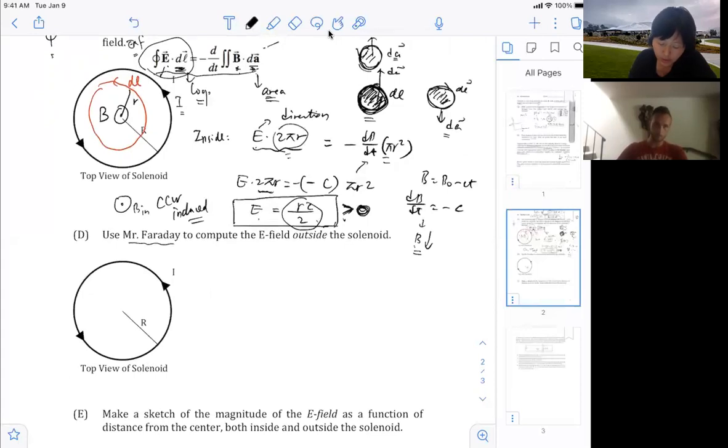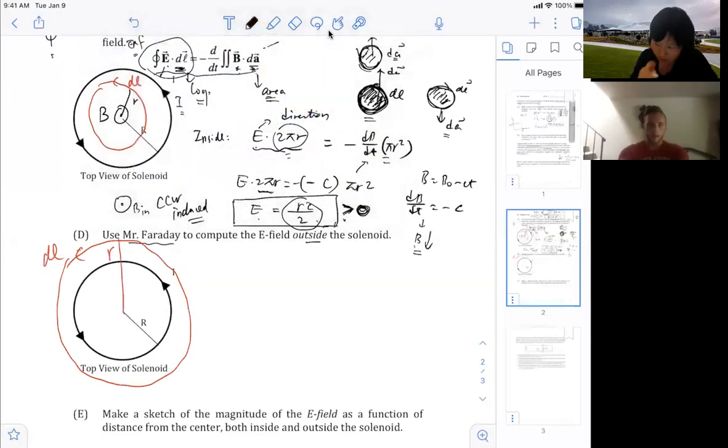Now use Faraday's law to calculate E outside. Okay, so I'm going to draw a Faraday loop outside, again counterclockwise. So E times 2 pi r. You can see the area becomes pi R squared instead of pi r squared because you only have flux within this area.